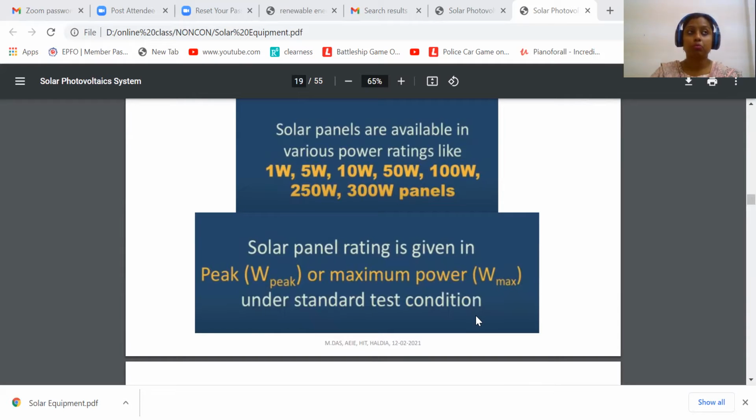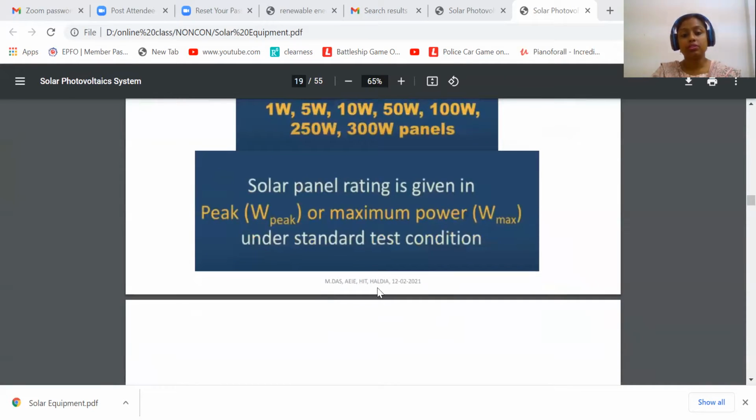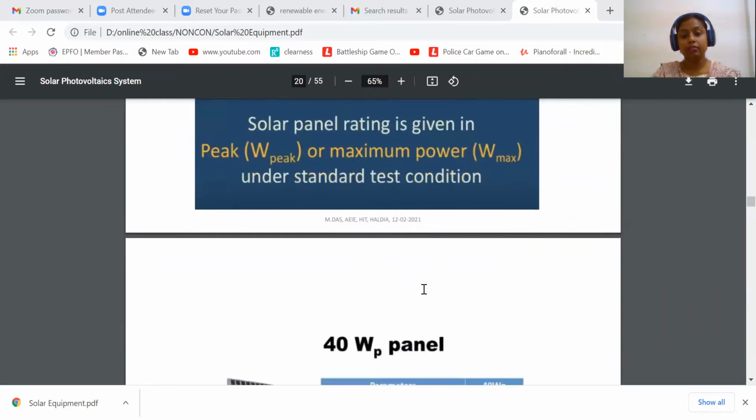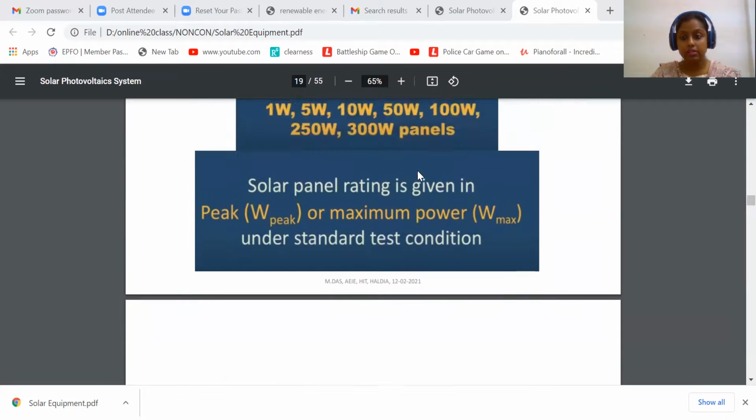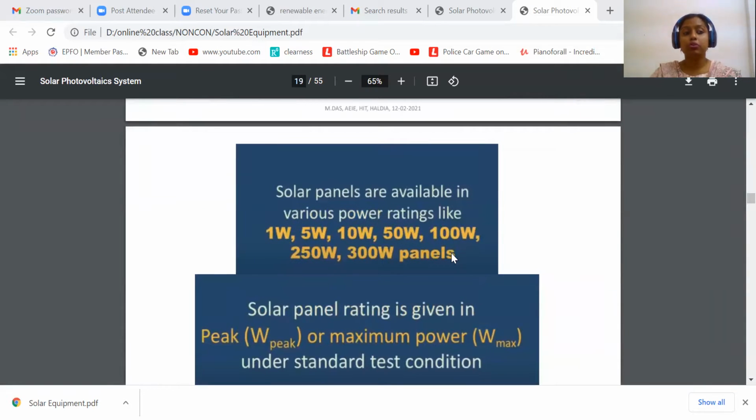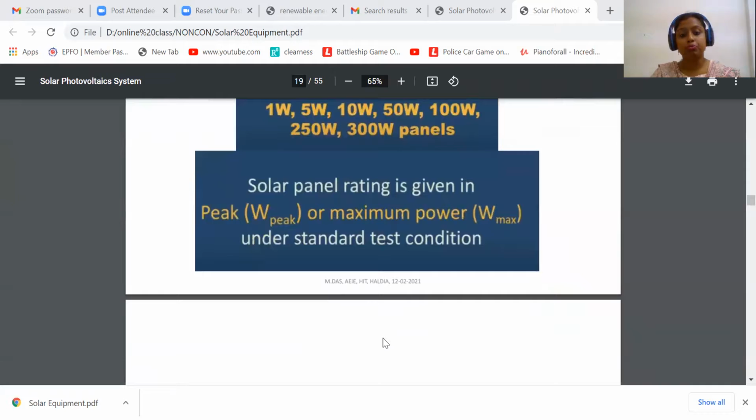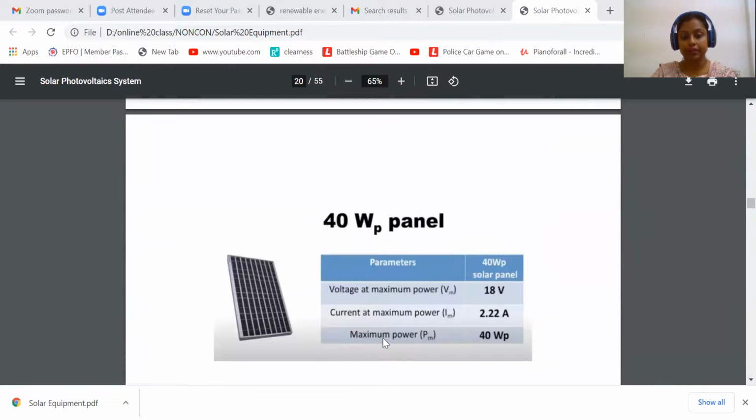The standard test condition is 1000 watt per meter square radiation, or full sun, the peak radiation, and the solar panels are rated according to that. That signifies that if we put it in outdoor conditions and give it to the load, we will not get the exact rated output.